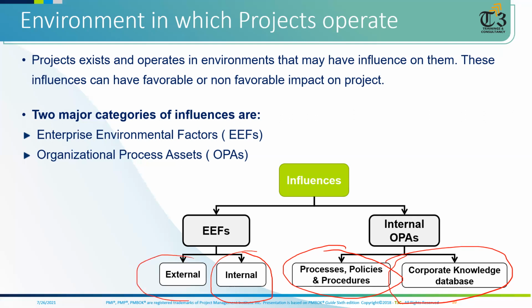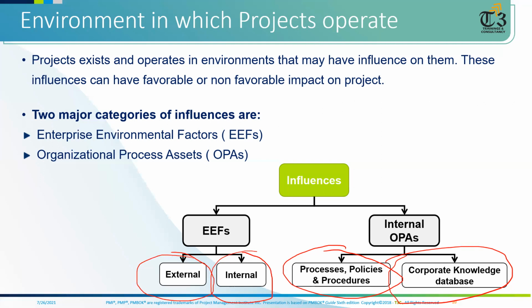While external EEF includes government standards, regulatory standards, environmental standards, project management standards, market situations, inflations, economic situations, taxation rates, and conversion rates. All these things come under the category of external environmental factors.